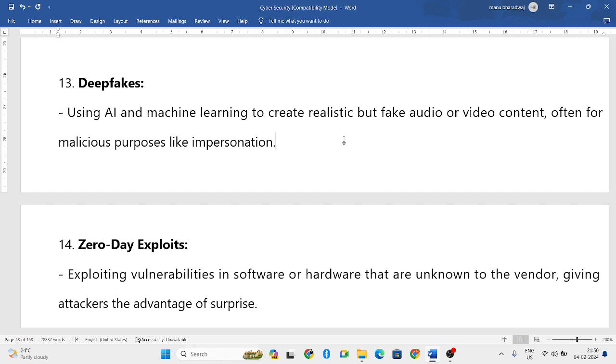When you see that, you really feel that it was done by that person, but it wouldn't actually have been done. The reality is different. But using AI, they make it so that seeing that video, you feel the person has done it. That is deep fakes.